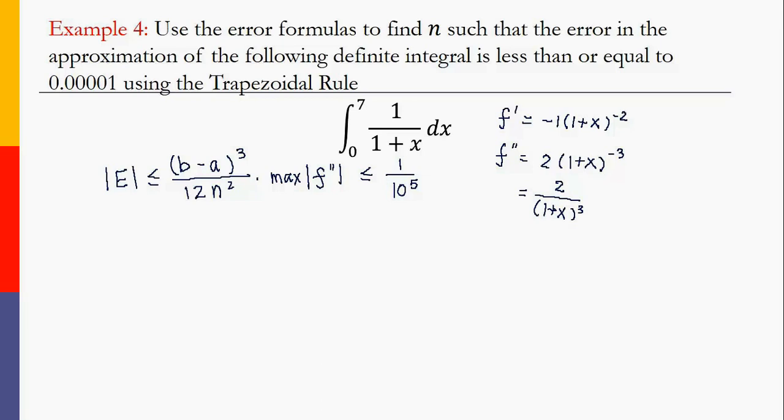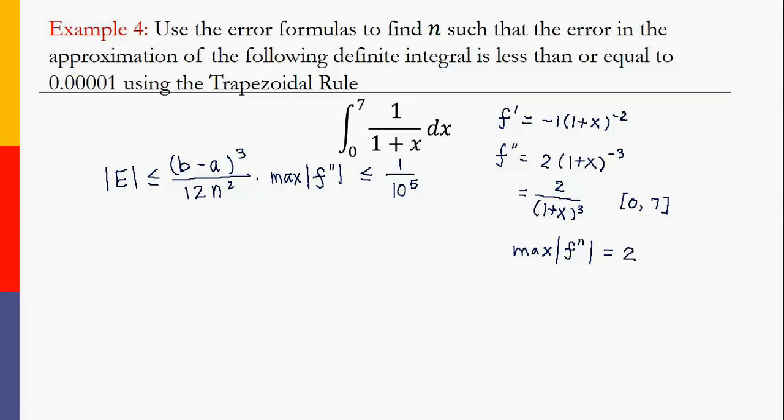Note that this is a decreasing function on the interval [0, 7], so the maximum of this decreasing function on this interval is when x equals 0. When x equals 0, f double prime equals 2.